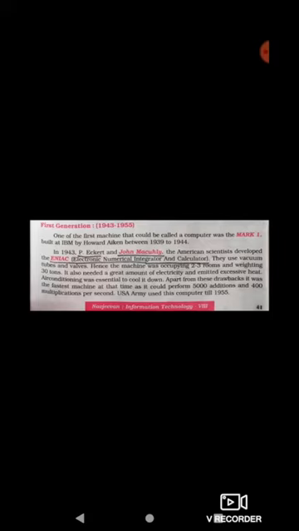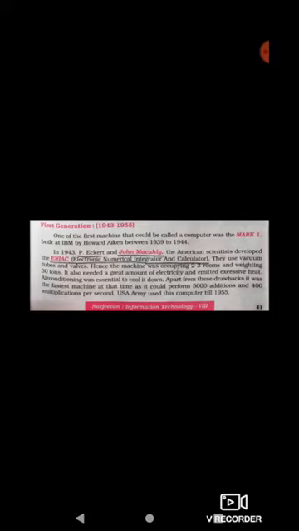It also needed a great amount of electricity and emitted excessive heat. Air conditioning was essential to cool it down. Apart from these drawbacks, it was the fastest machine at that time, as it could perform 5,000 additions and 400 multiplications per second. The USA Army used this computer till 1955.